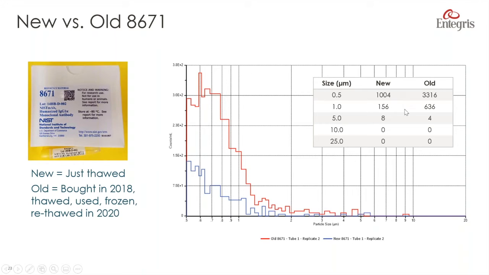Now you notice in the table here, at 10 and 25 microns, there are no particles whatsoever. This is a very clean protein sample. So both of these would pass USP 787, and sure, 10 and 25 microns is where the test is written around. But if you really want to see the difference between the degree of aggregation, you really want to look at smaller size ranges. And the really interesting data comes here underneath below 1 micron.